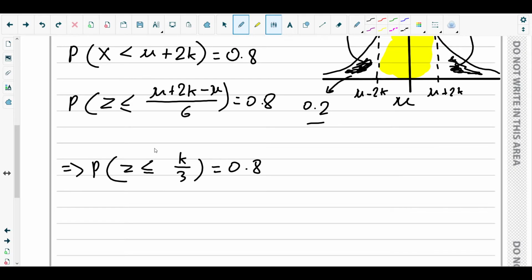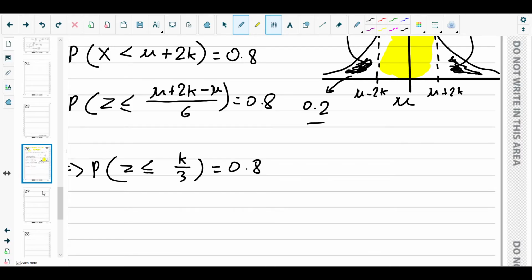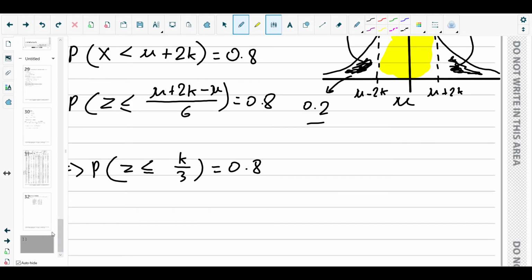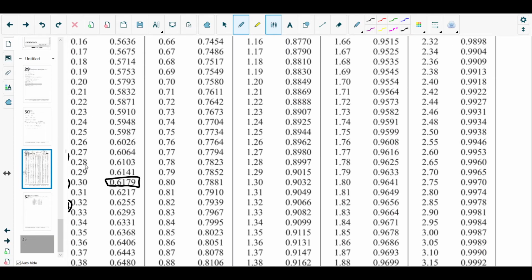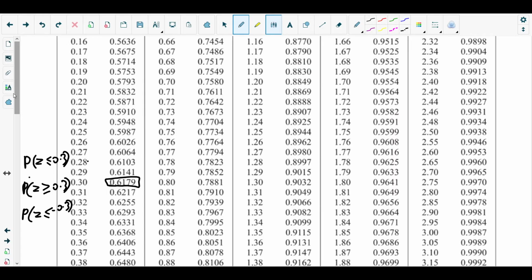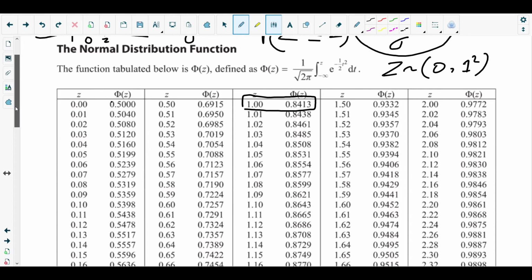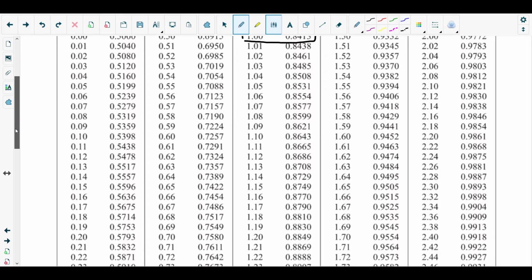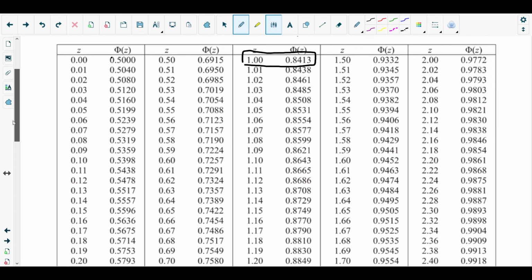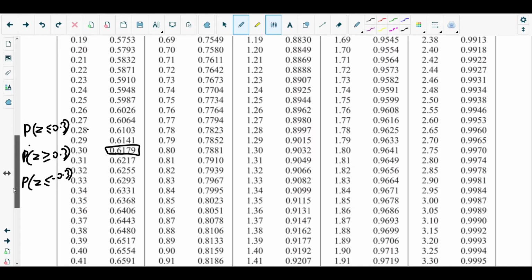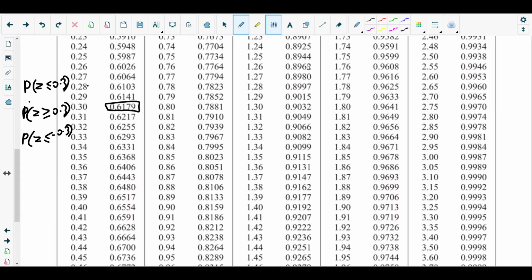You can get the standard value for Z using the distribution table that will be given in the formula booklet in the exam. We need the probability 0.8. Where is 0.8 probability?